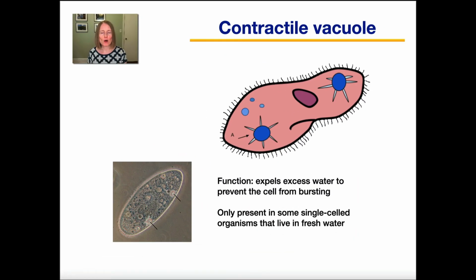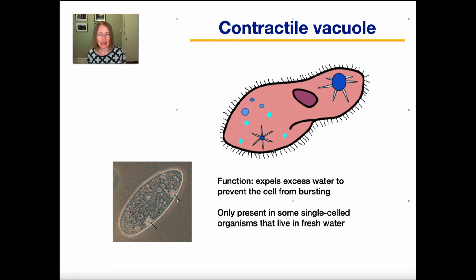And now we come to an organelle called a contractile vacuole. This one's interesting, and this picture is actually an embedded animation. I'm going to hit play. So watch what happens at this blue structure. This is the contractile vacuole. The contractile vacuole has the job of expelling, pushing out excess water from the cell so that the cell doesn't burst.